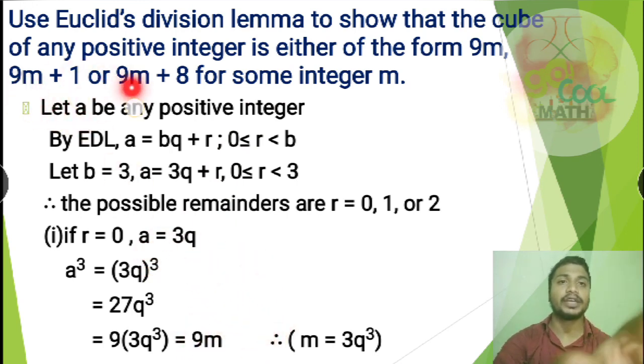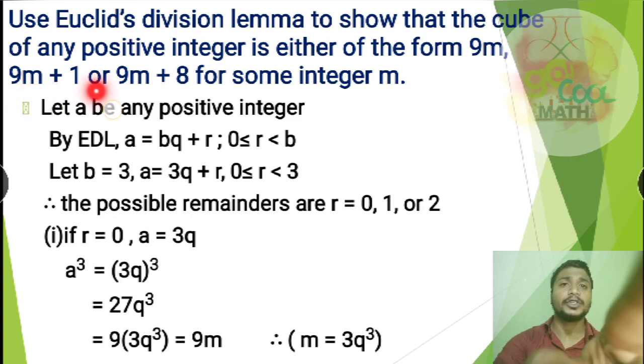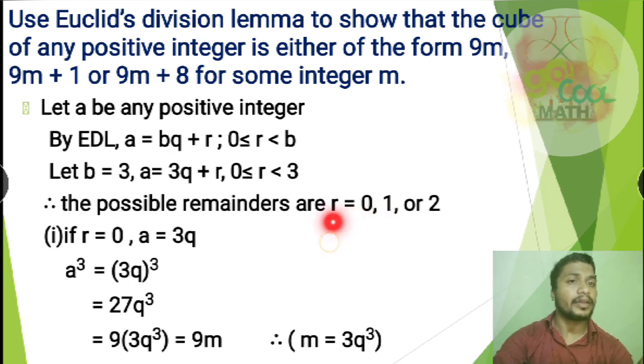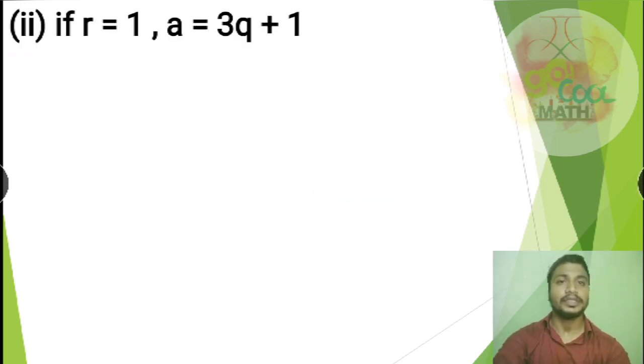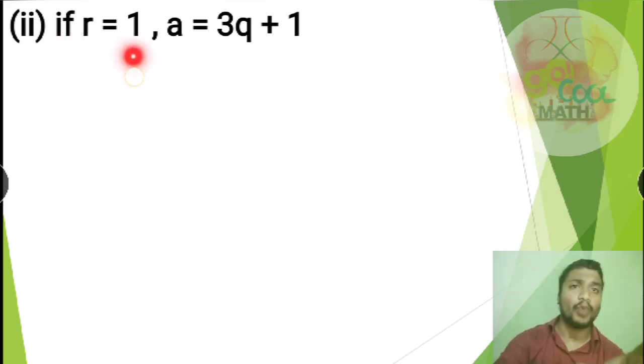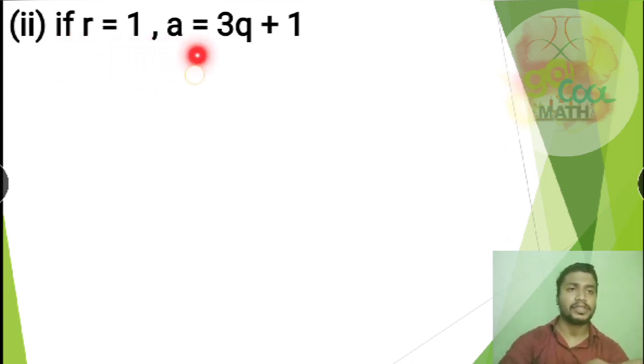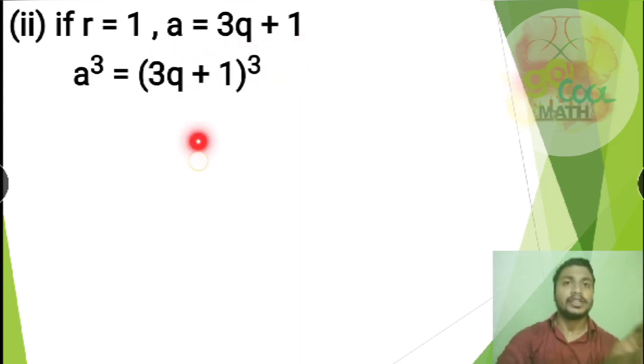So let's prove the remaining two, that is 9m plus 1 or 9m plus 8, by giving the remainder as 1 and 2. If R is equal to 1, then the lemma becomes 3q plus 1. So cube on both sides, because we need the cube of any positive integer.